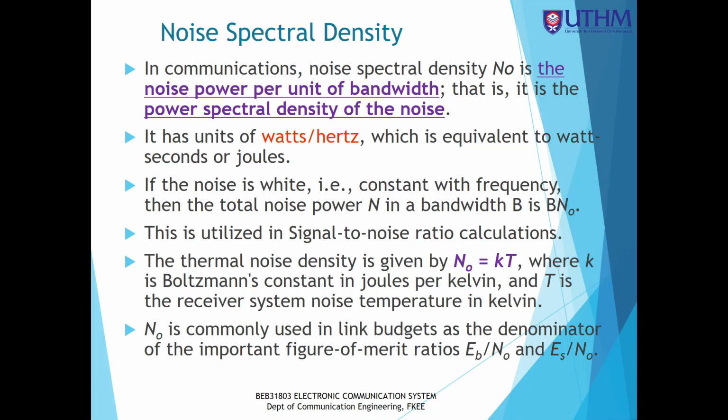Noise spectral density, ketumpatan noise. Okay, so this is noise spectral density. The unit is N0. It is the noise power per unit bandwidth. Okay, so noise spectral density is equivalent to noise power divided by the bandwidth.